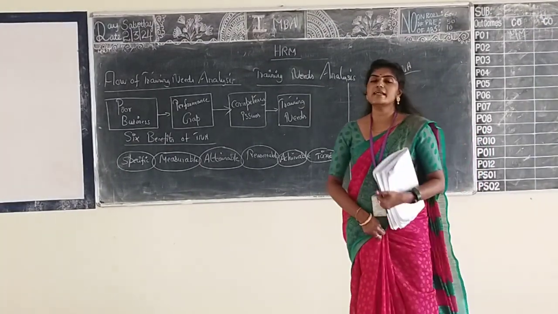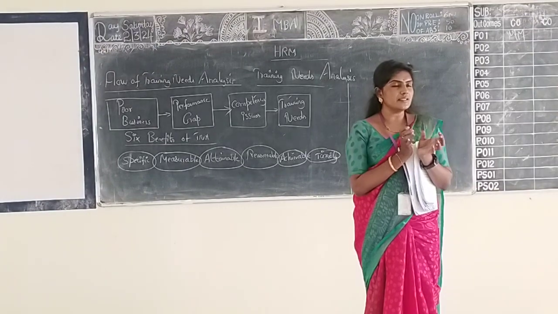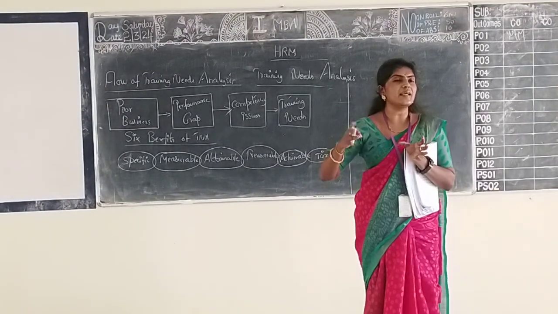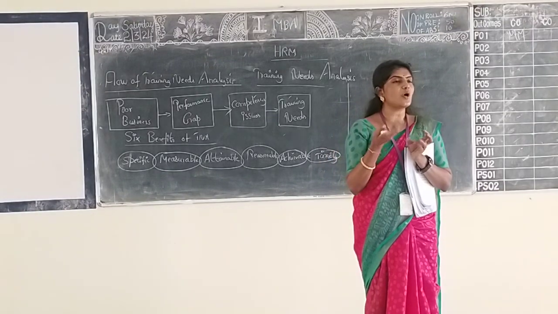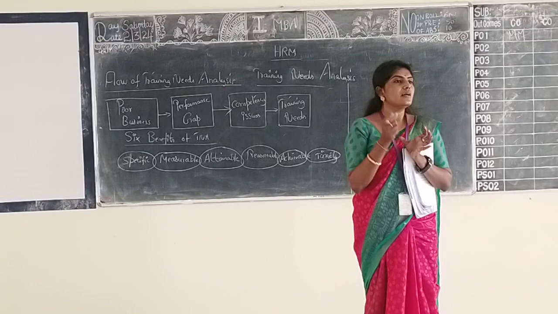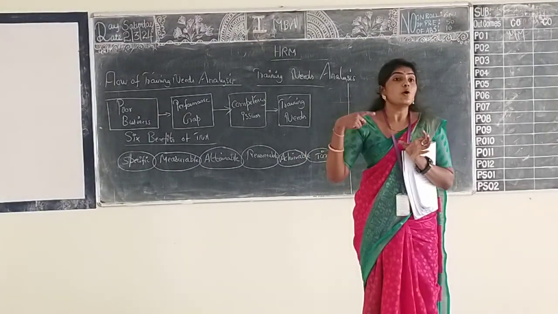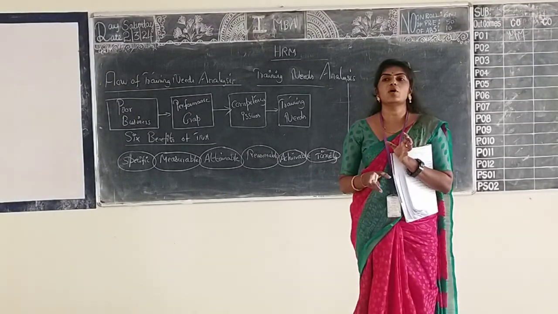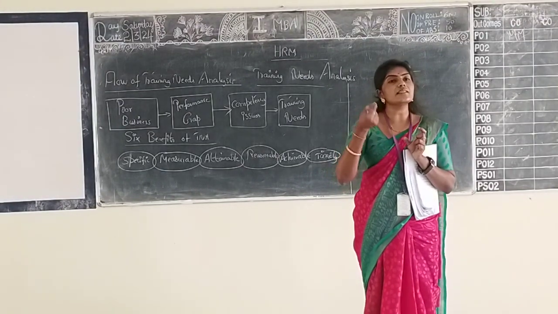Task analysis means you are giving one task that you have to complete within a particular period. In IT companies they give project work, a mini project, and based on the project they fix the time period: a 1 year project, 6 month project, 1 month, 2 month project. That is the task analysis.